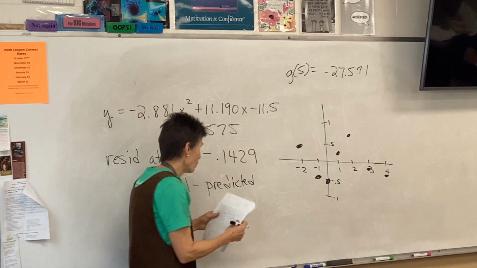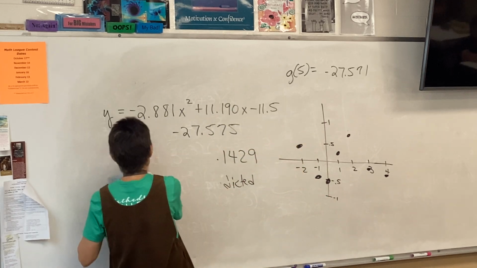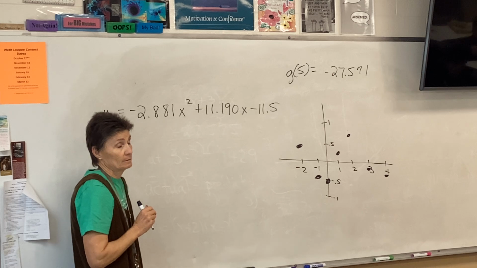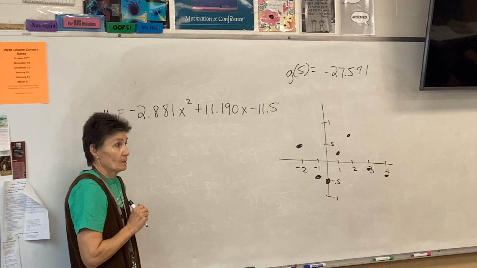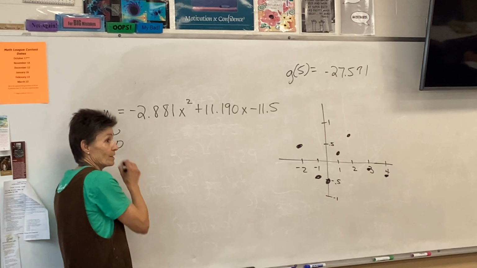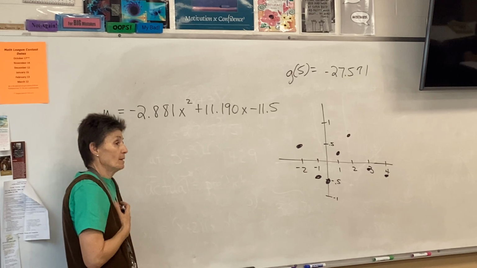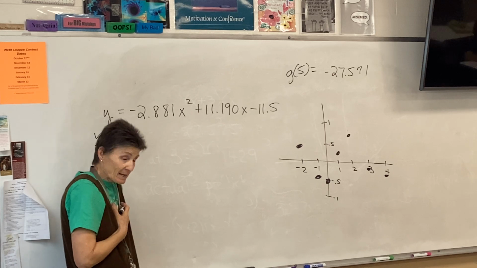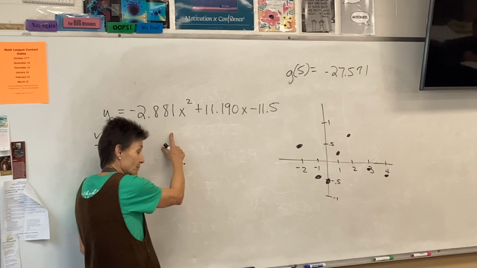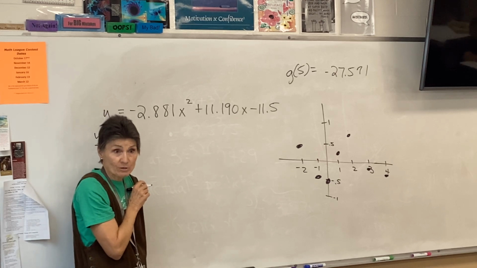All right, and last one in this part, find x so that g of x is negative 100. So this time, we want this to be negative 100. Would you agree with that? So if I'm doing the problem, and I have my calculator, I'm going to graph my equation and graph y equals negative 100 and look where they intersect.